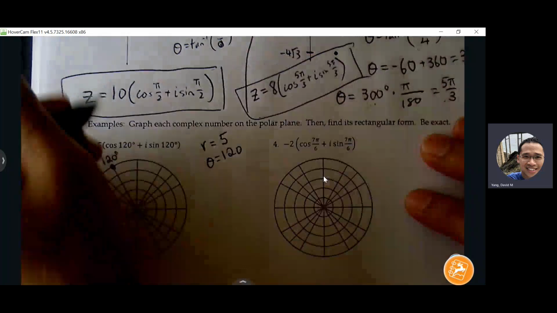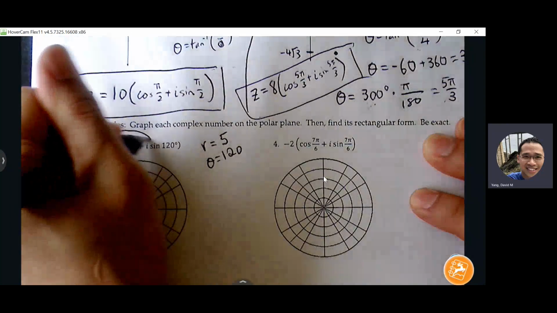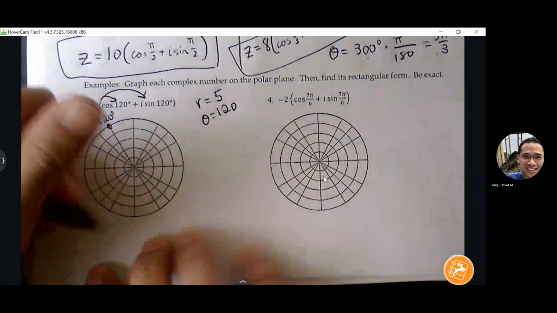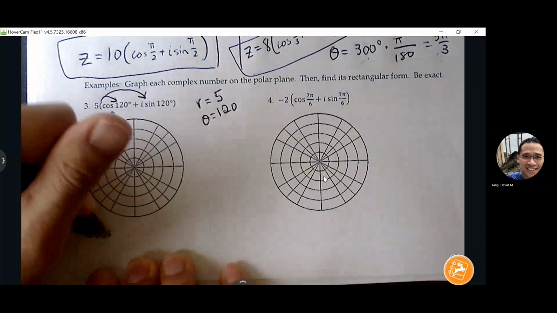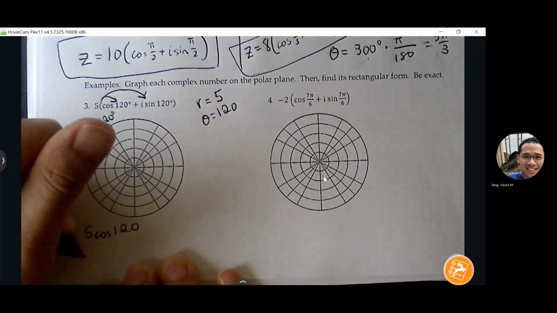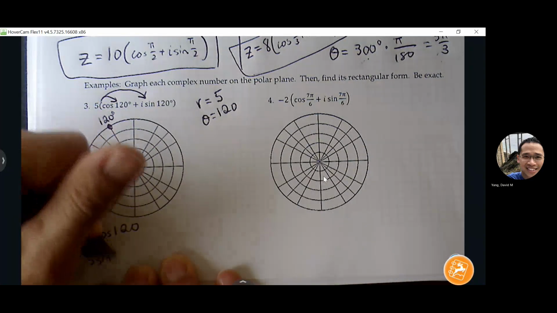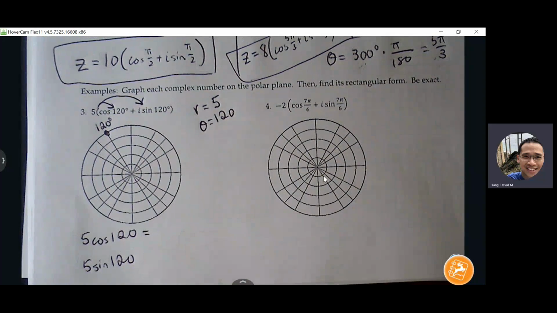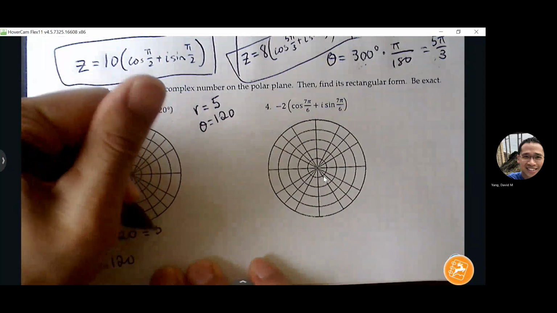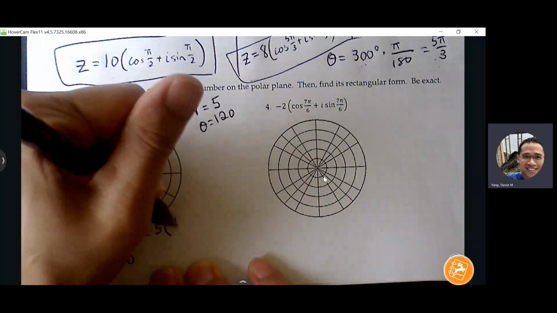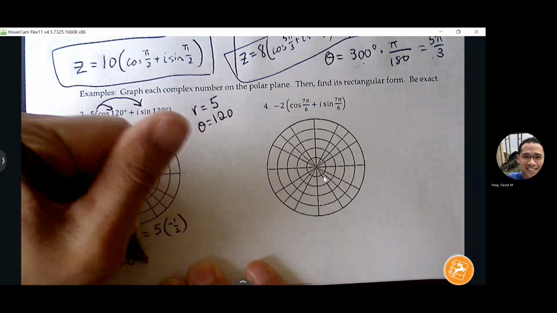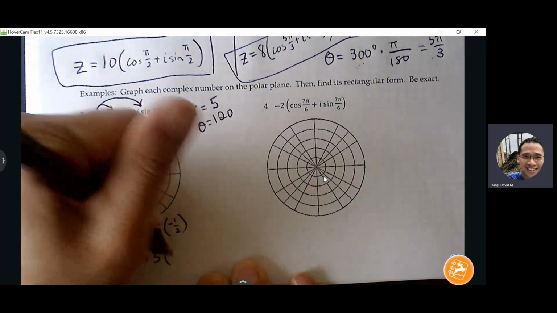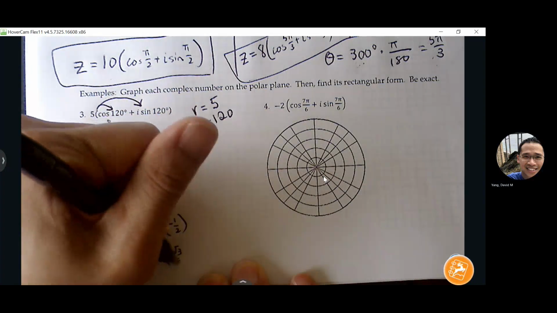If I want to find rectangular form, I can just distribute the 5 through and get it down to a plus bi. So cosine of 120. Use your calculator. It's -1/2. Sine of 120. Positive √3 over 2.